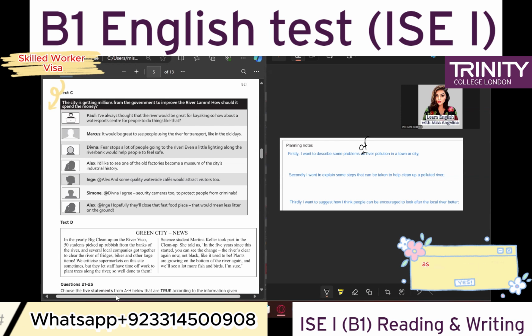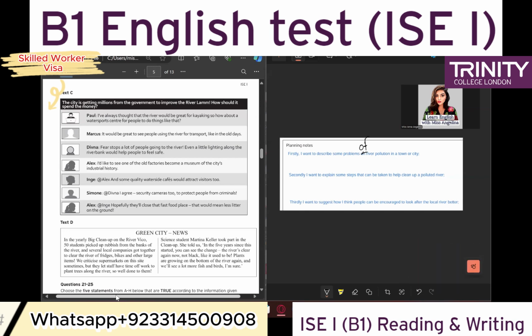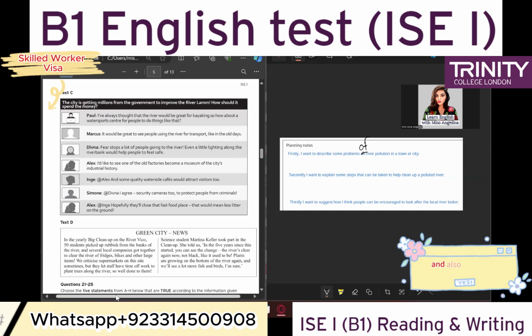In the 5 years since this, you can see the change. The river's clear again now, not black like it was before. Plants are growing on the bottom of the river again. They plant the trees. And also they close fast food places. Fast food places can cause a lot of litter.